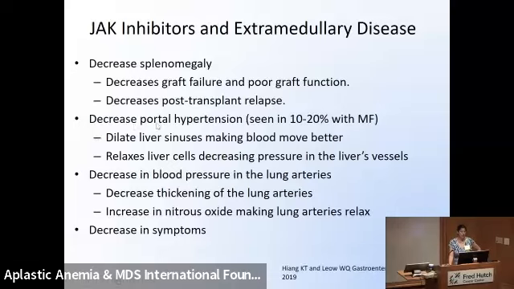It can decrease portal hypertension, which means the liver gets congested. So the JAK inhibitors have been shown to actually make the blood move better through the liver and relax liver cells, decreasing the pressure in the liver's vessels, which when you have a healthy liver, you respond better to the drugs and better to the transplant itself.